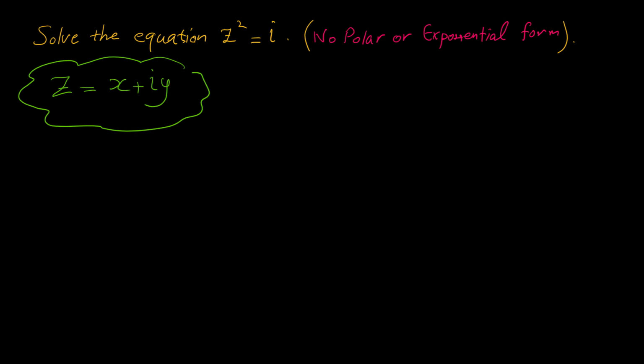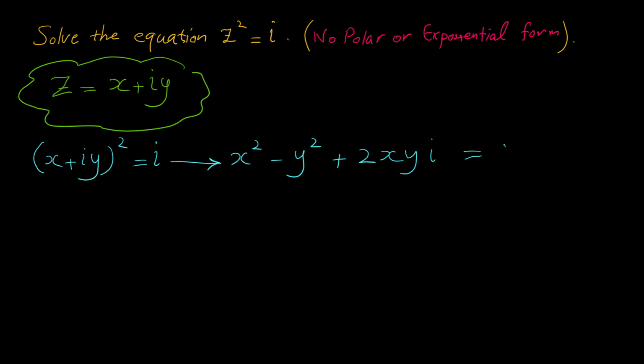If we substitute this in this equation, then we have (x plus iy) to the power of 2 equals i. If we raise this bracket to the 2, it would be x squared minus y squared plus 2xyi. 2xyi should be equal to i. How from this we can get this?